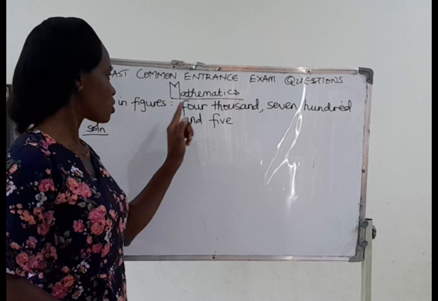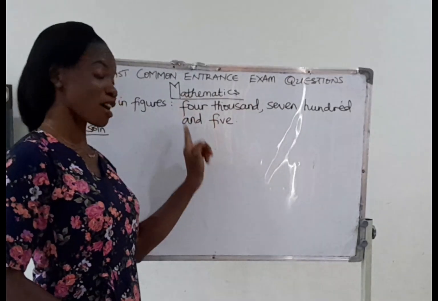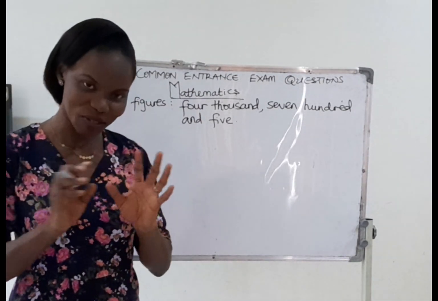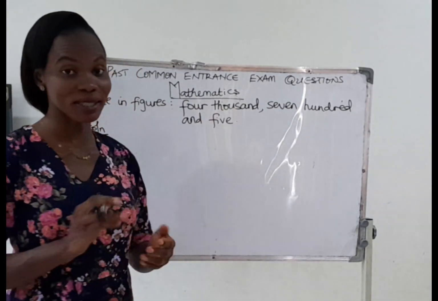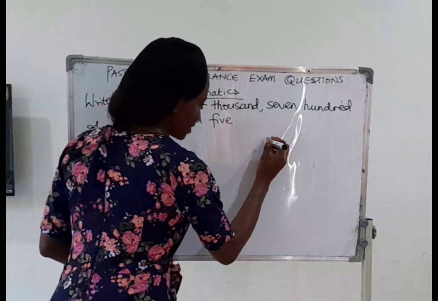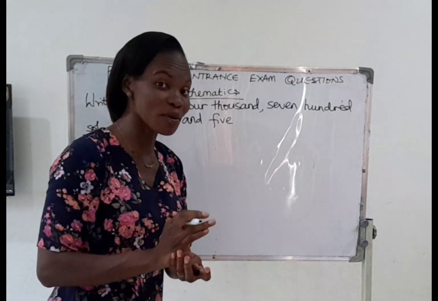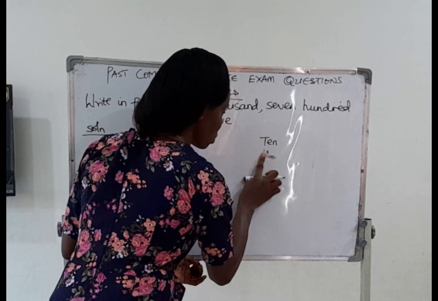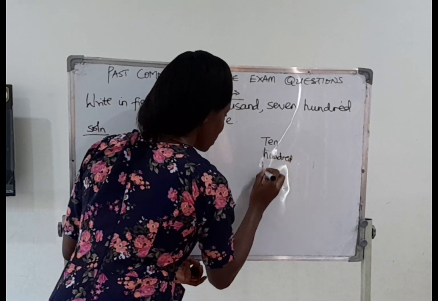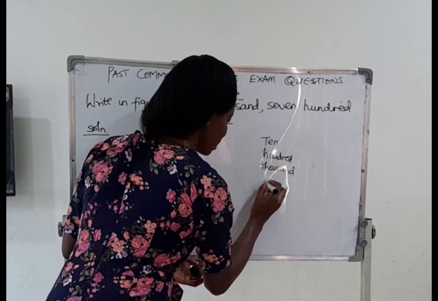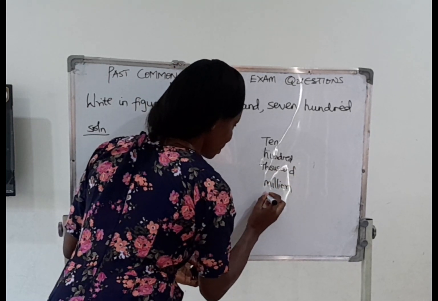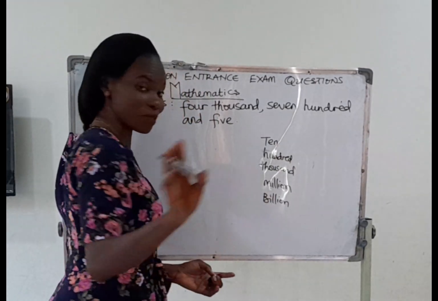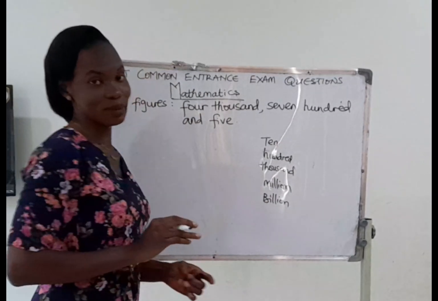Write in figures 4,705. Okay, before we answer this question, let's look at some basic concepts of numbers and numeration. We'll look at how many zeros each of these has: 10, 100, 1,000, million, billion, trillion. There's trillion, but for this, let's stop at billion.